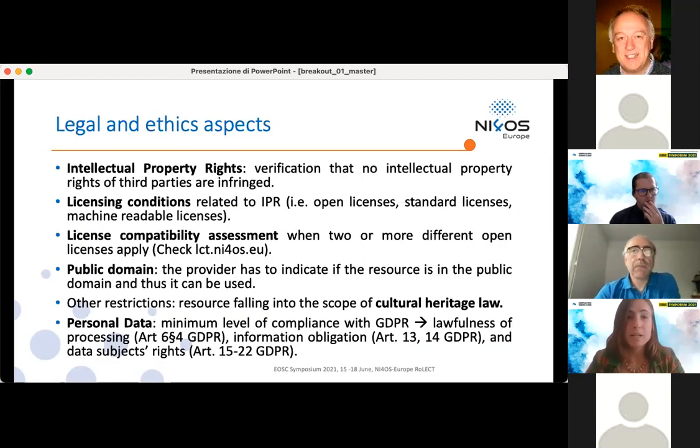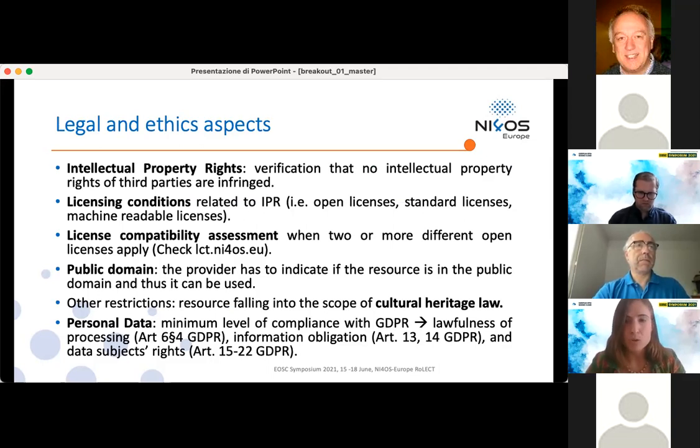So let's have a detailed look on the legal and ethics aspects of the tool. As already mentioned, if the resource contains IP, it has to be verified that no intellectual property rights of third parties are infringed. The licensing conditions also that relates to such IP right are examined. For example, if such intellectual property right is governed by an open license, a standard license, or by a machine-readable license.